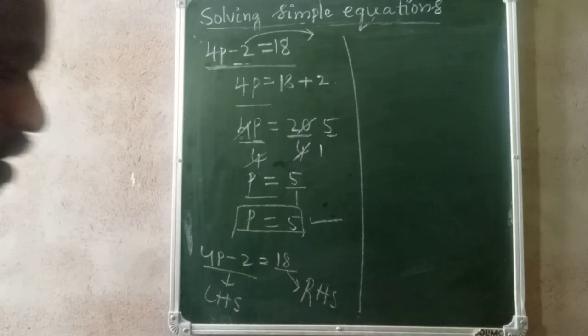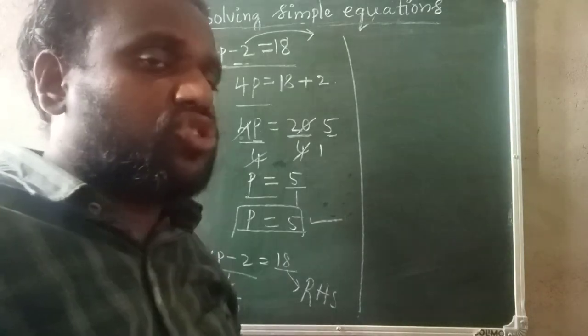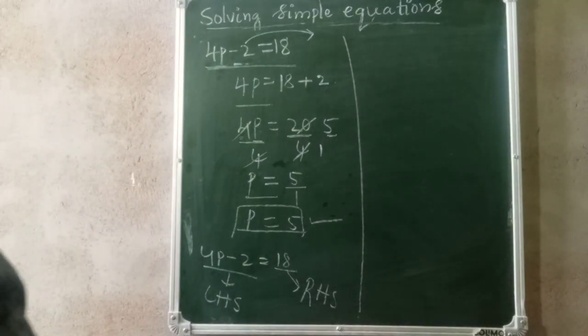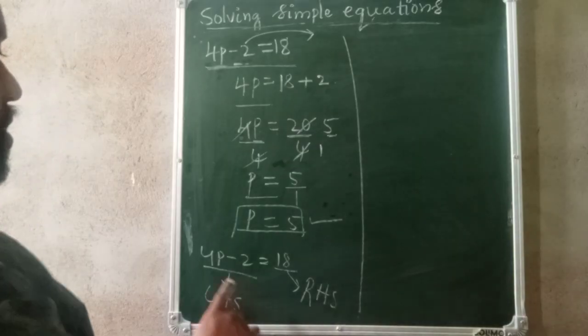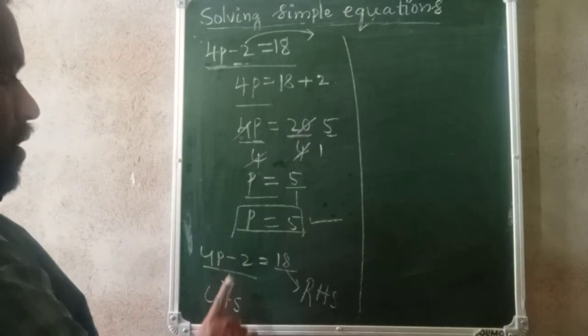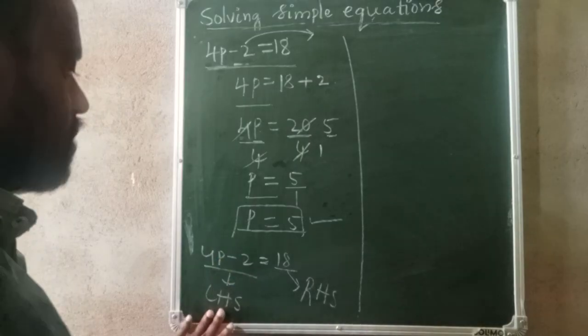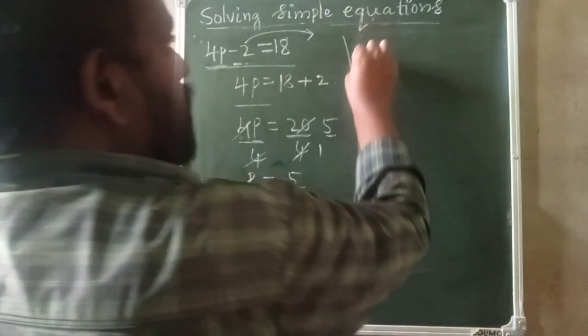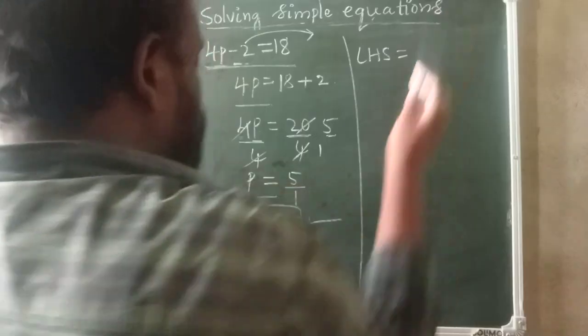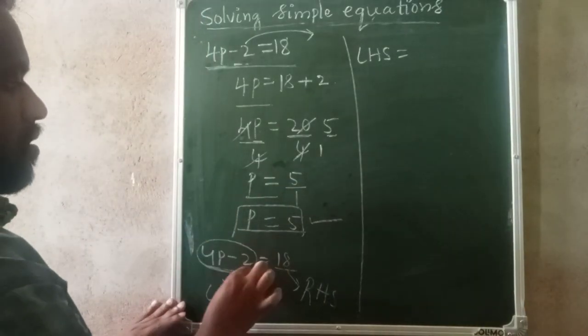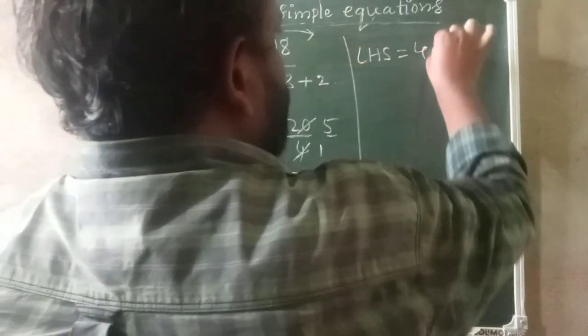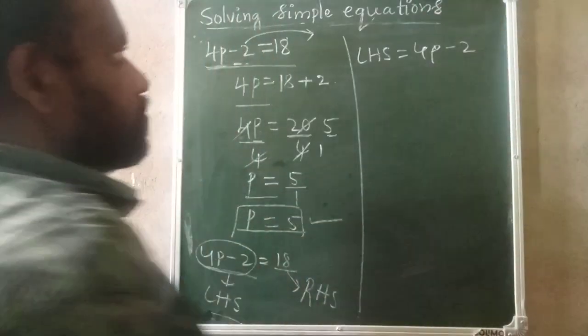Now check on which side the variable p is present. The variable p is present on the LHS. Because of that, take the LHS separately. So LHS is equal to the entire thing, 4p minus 2.